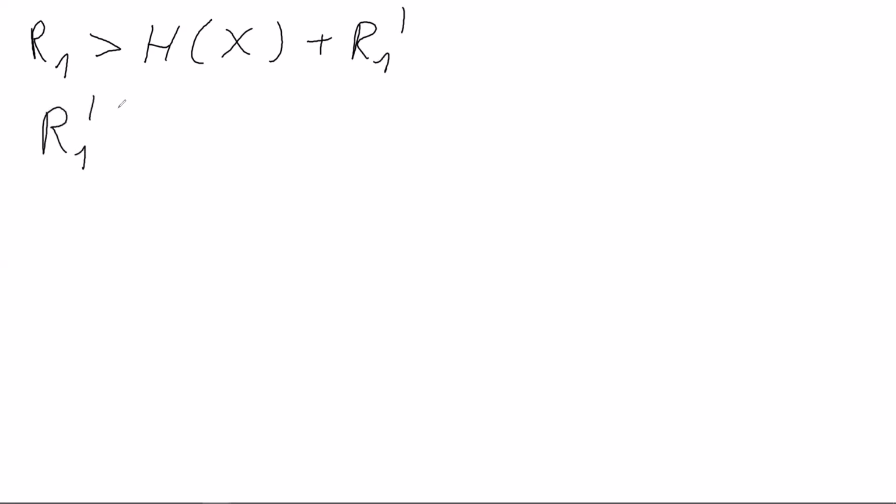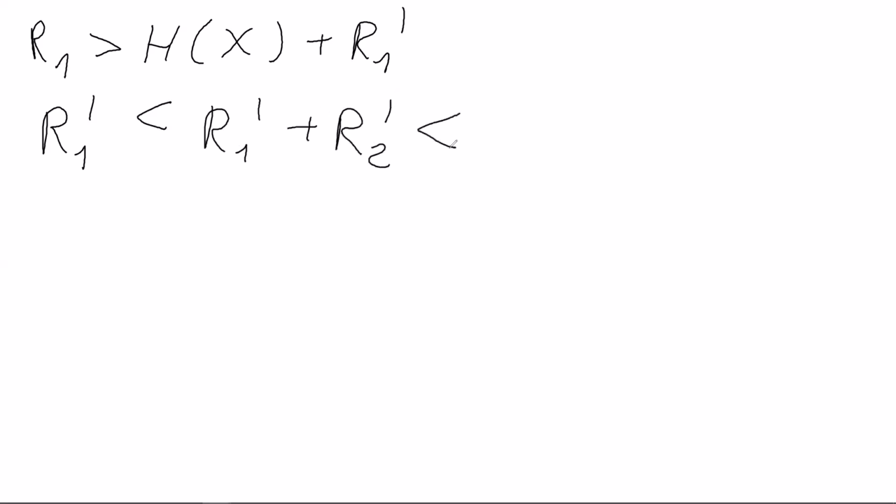Now I want to explain how we come from the condition in the proof to the condition of the theorem. So in the proof we got that R1 must be bigger than the entropy of X plus R1 prime. Furthermore, it holds that R1 prime is of course smaller than R1 prime plus R2 prime.